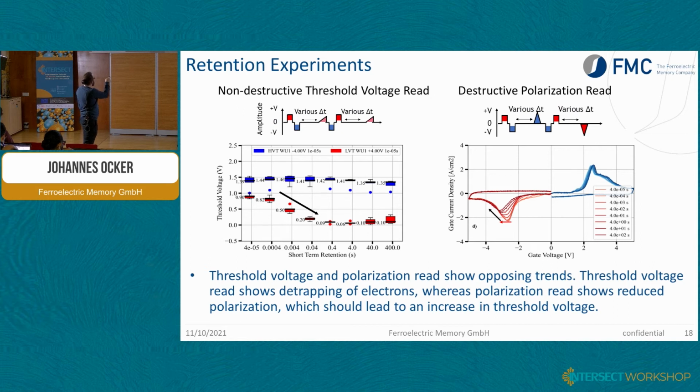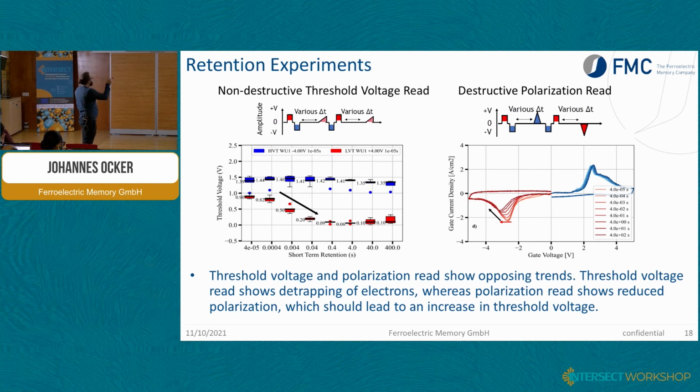You wait a certain period of time and then you read it out, and you can see that at the beginning, at 40 microseconds, the high VT and the low VT state are basically at the same position, and then after about 1 second, the memory window opens up. From an experimental point of view, one could say this corresponds to the electron release.